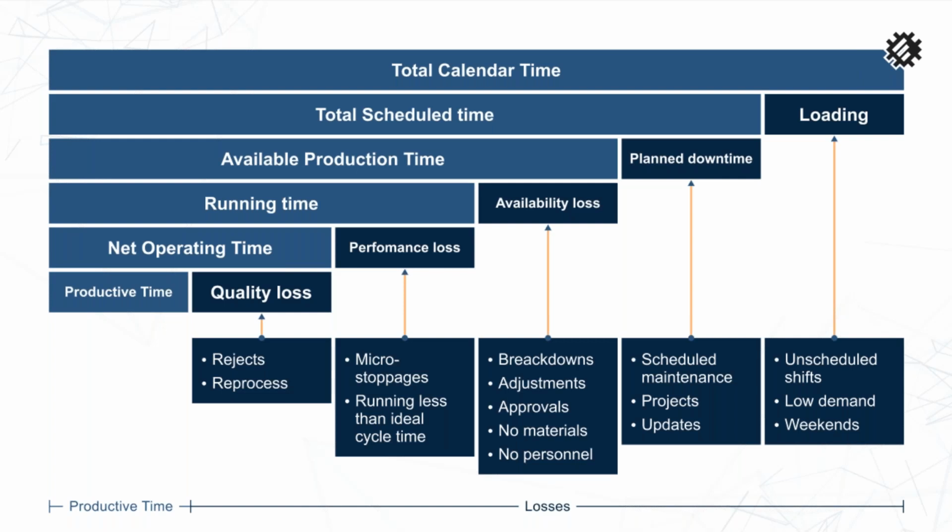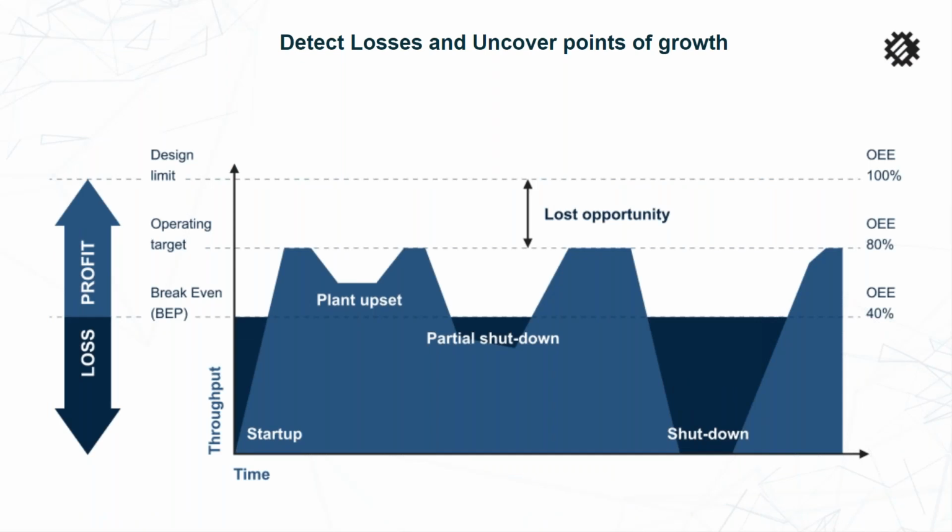You can also see that we should have scheduled maintenance, right? And we should avoid unplanned stops because they are highly costly for the production. As you can see, here are the reasons that we should monitor. Here are the details we should monitor.